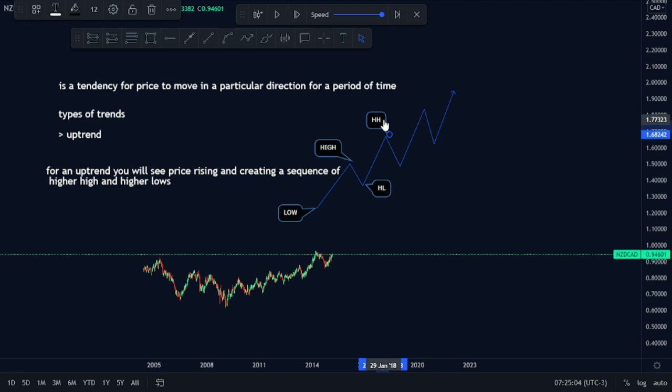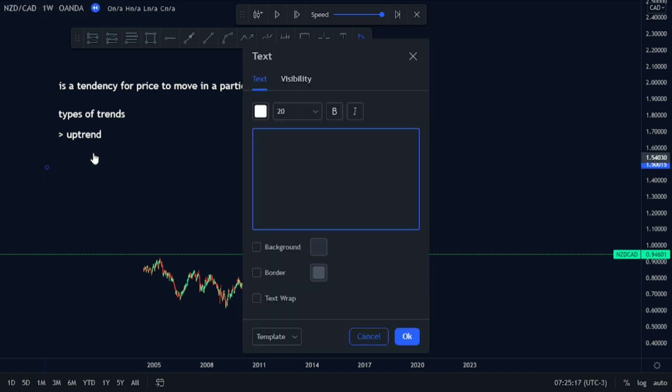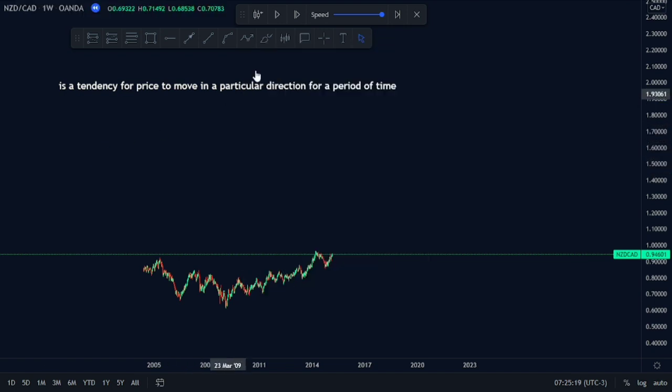Now let's talk about a downtrend. Let us remove these ones. Now we are talking about a downtrend.